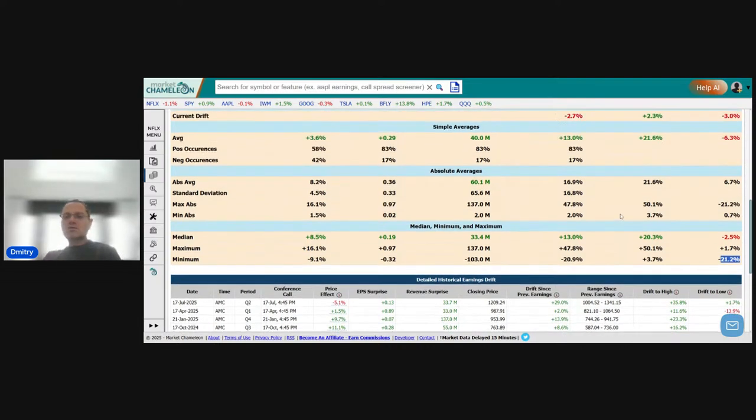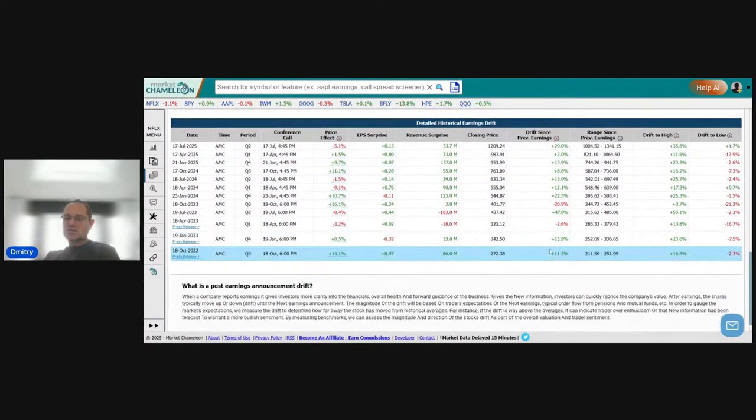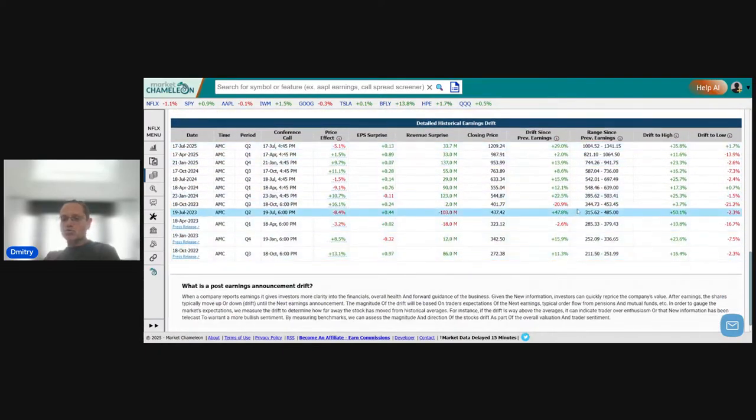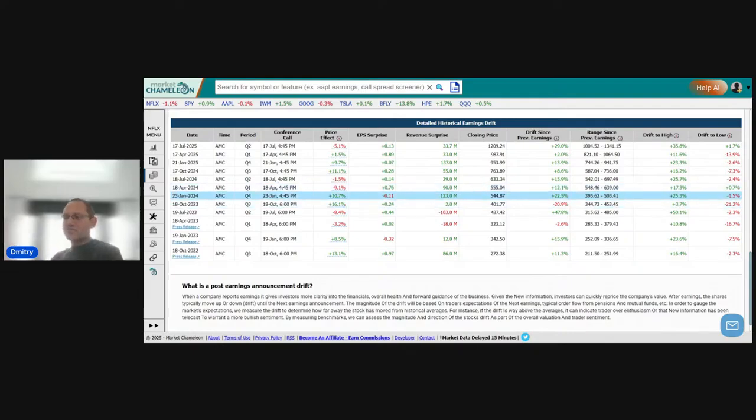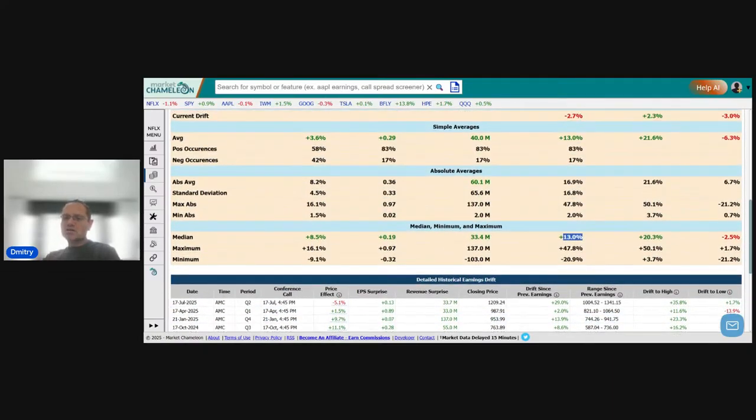And oh, sorry, I was looking here. The median move. So this median move takes these historical drifts and says if we sorted them from high to low and went right into the middle, chopped it up in half, half of the observations were above this, half were below this, was plus 13%, which is right where the average is.